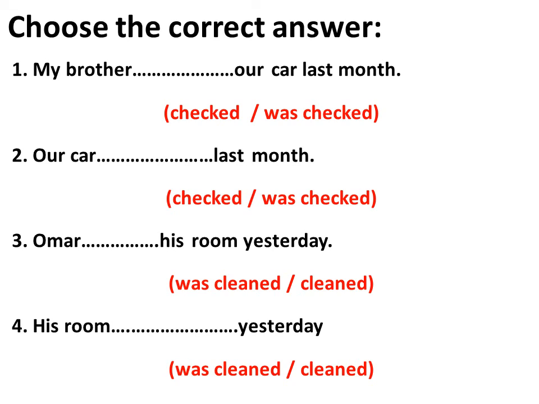Number 1: my brother is the subject, so we have to choose checked. Very good. Number 2, our car last month. Is our car a subject or an object? Very good, it's an object. So our car was checked. Very good.